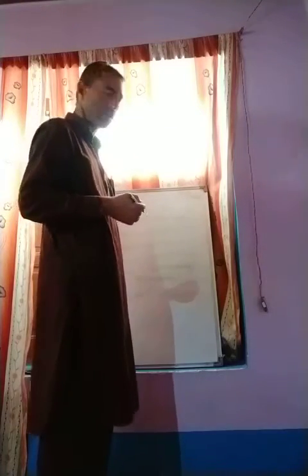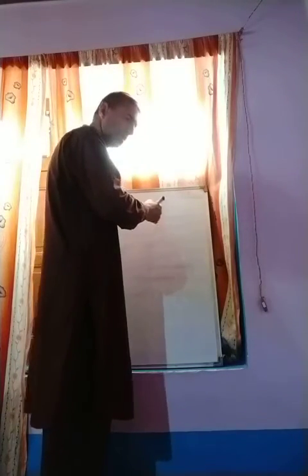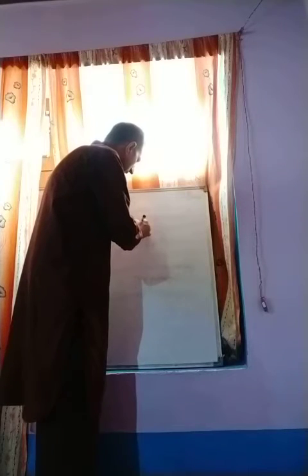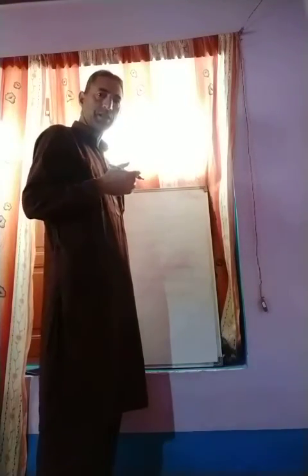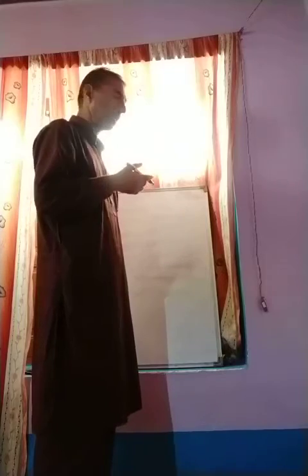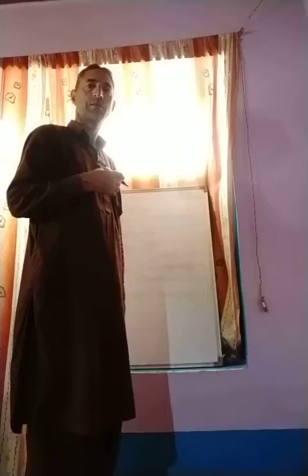Now, point number 4, period of inverted federalism. This includes period from 1971 to 1977. The period from 1971 to 1977 is known as period of inverted federalism.